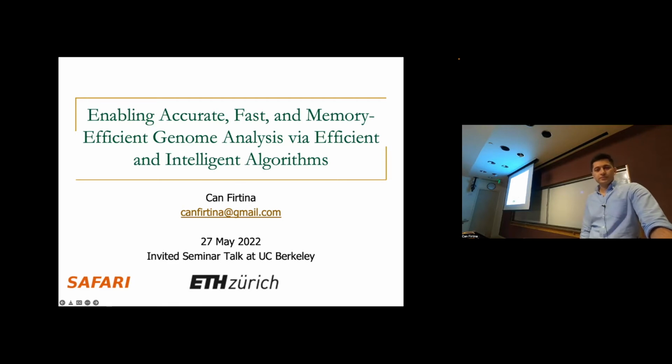His current research interests broadly span bioinformatics and computer architecture topics, including accurately and quickly identifying sequence similarities, hardware and software co-design for accelerating bioinformatics applications and genomics data analysis, correcting sequencing errors, and developing computational tools for gene editing. He's generally interested in developing new algorithms and architectures for bioinformatics applications to enable fast and accurate genome analysis. And today he will talk about this in his talk.